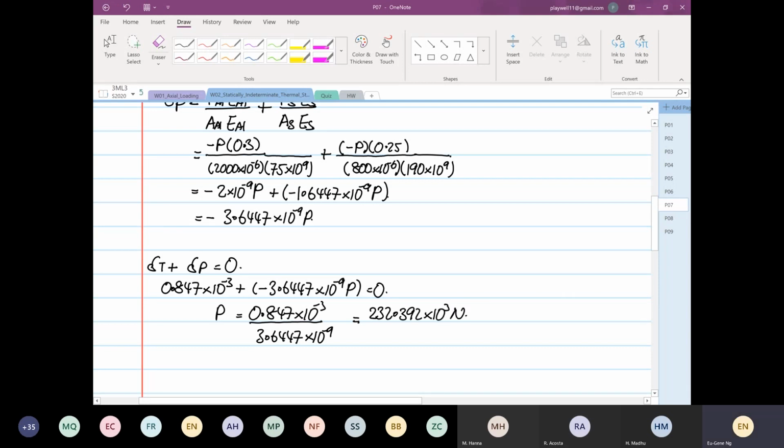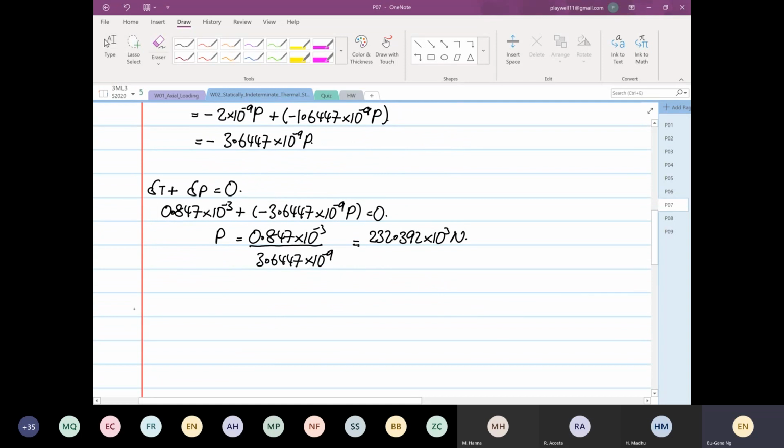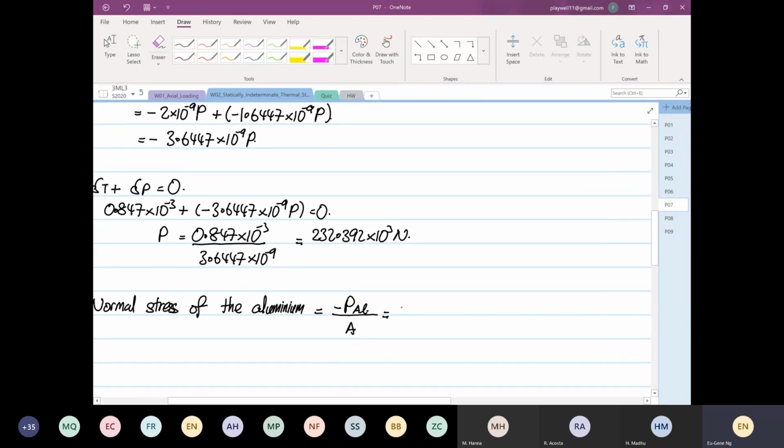Okay, so the question asked is to find the normal stress in the aluminum. So the part A, normal stress of the aluminum will be equal to minus P aluminum divided by the area. So this will be equal to minus 232.392 times 10 to the power 3. Why minus?